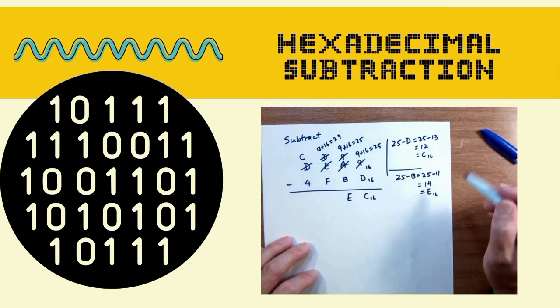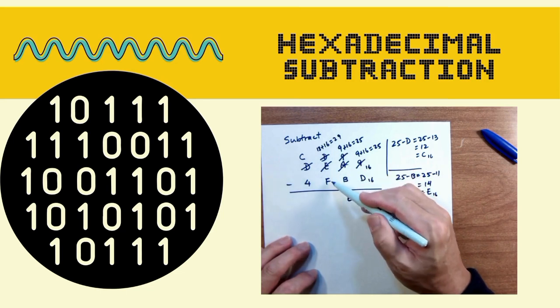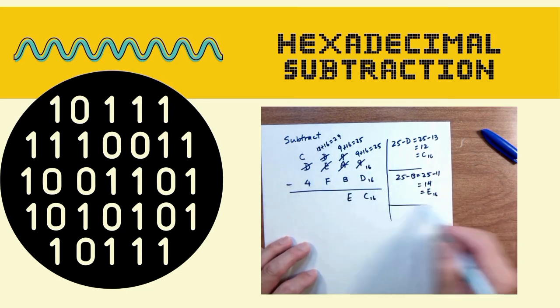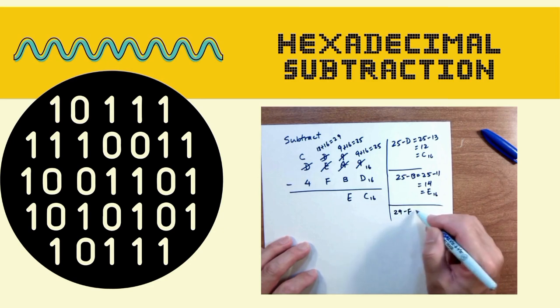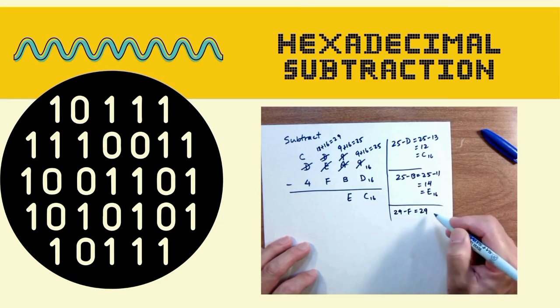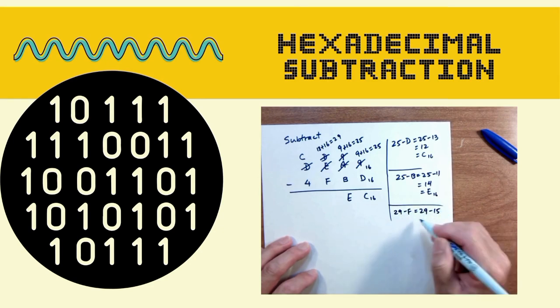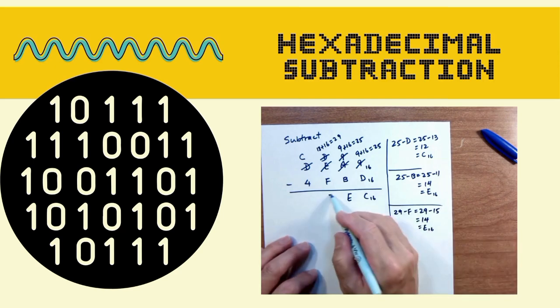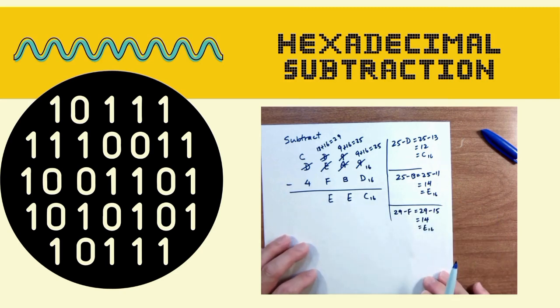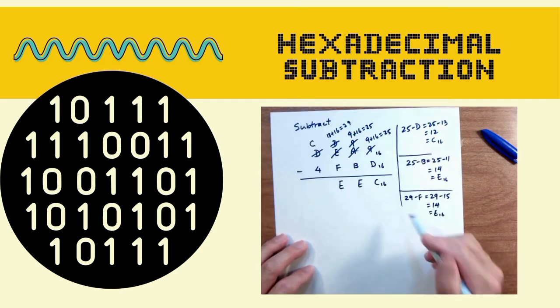Now 29 is acceptable for subtracting letter F. That'll be 29 minus F equals 29 minus 15. So it'll be 14. 14 is letter E, based on 16. Still get it? Let's put E in the third column, then we will proceed to the last part.